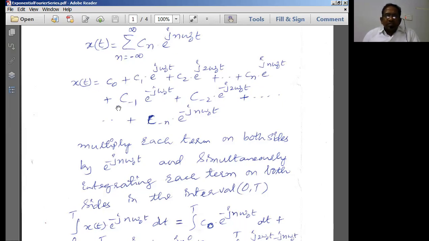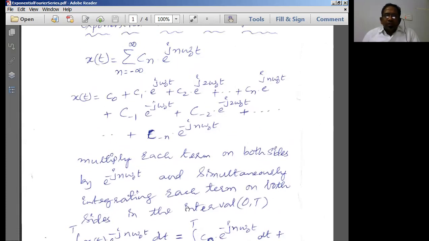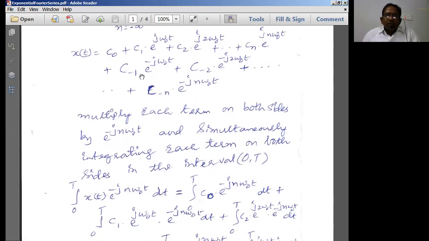I can write this as C minus 1 e power minus j omega naught t plus C minus 2 e power minus j 2 omega naught t, and so on up to C minus n e power minus j n omega naught t. So for the coefficient Cn, we are getting the term in terms of e power minus j n omega naught t.